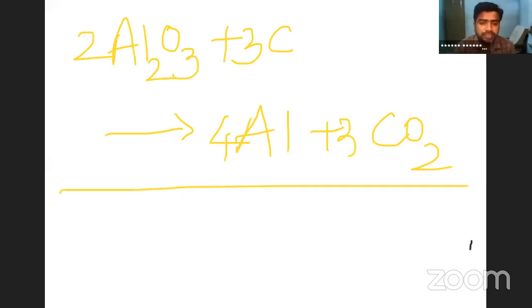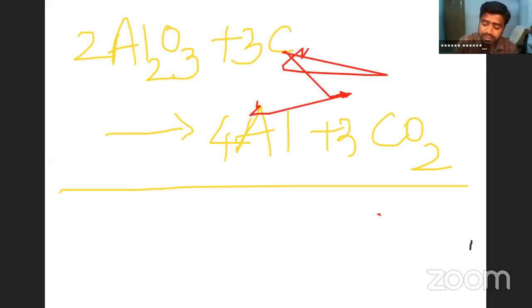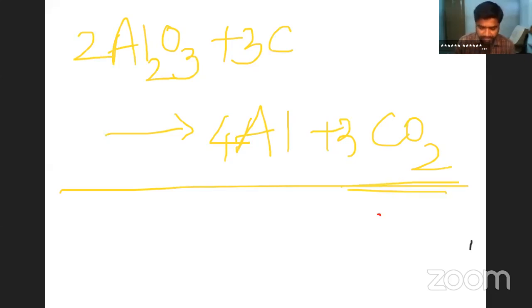Aluminium is produced at the cathode and sinks to the bottom, where it is collected. At the anode, the oxygen combines with this carbon to give carbon dioxide in this reaction, and carbon monoxide will also form.